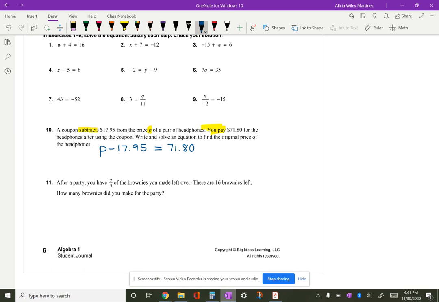So here we have an equation that we can solve for P to find the original price of the headphones before the coupon. So the way that you would do that is you would add $17.95 to both sides. Remember, when you're adding decimals, to line your decimals up.